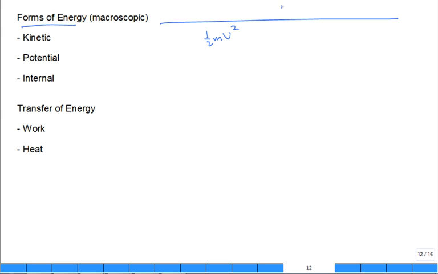If you wanted to, you could talk about the specific kinetic energy, 1/2 V squared, which is how much energy per unit mass. You have potential energy, mgz, or on a specific per unit mass basis, gz. Internal energy, cap U; lowercase u on a per unit mass basis. Lowercase u is equal to cap U divided by m, the amount of mass.